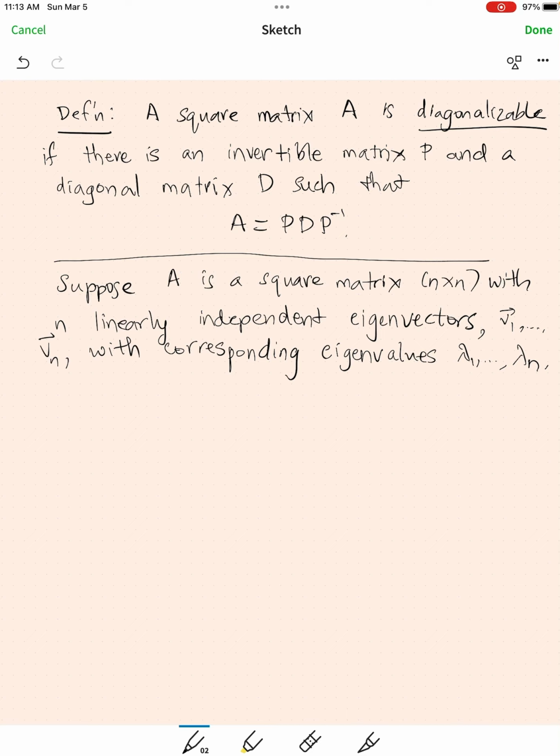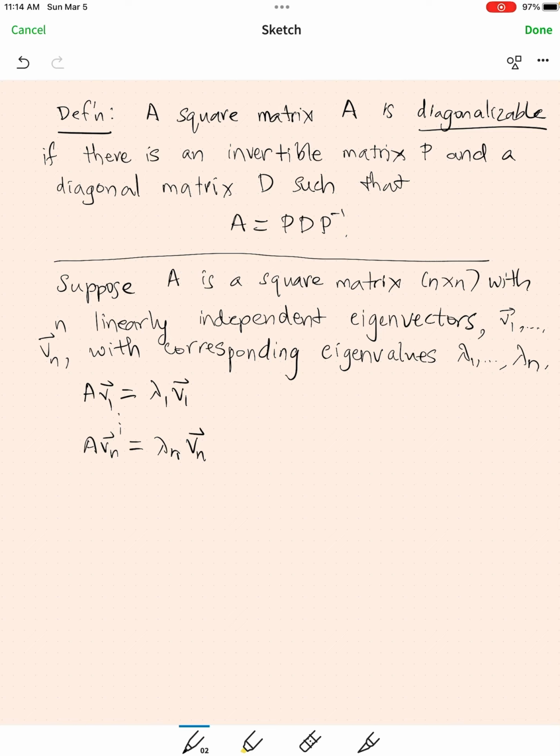Well, what would that tell you? So A v1 is lambda 1 v1, and so on all the way to A vn is equal to lambda n vn. Right?